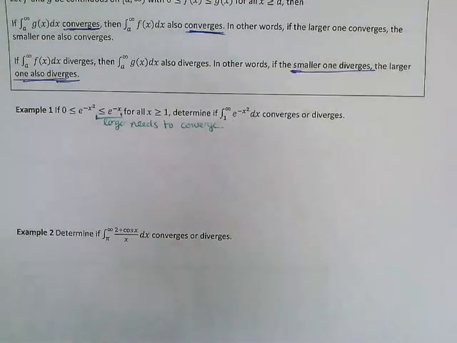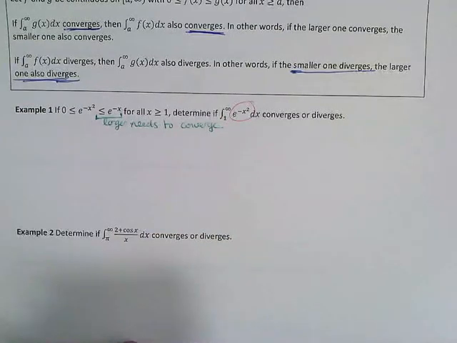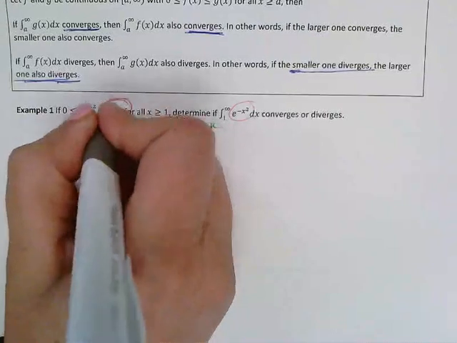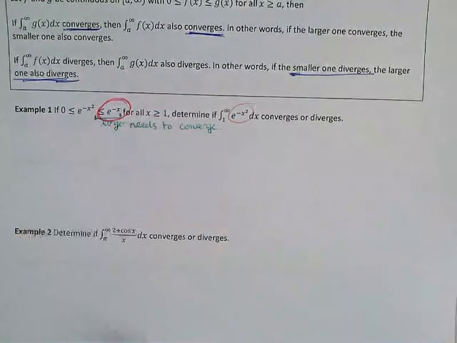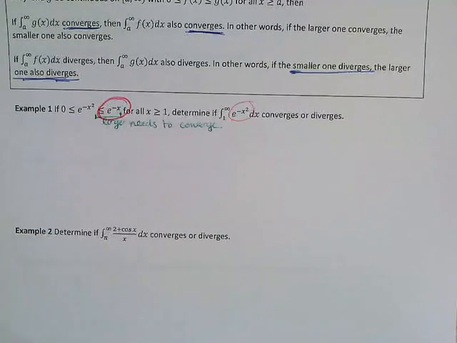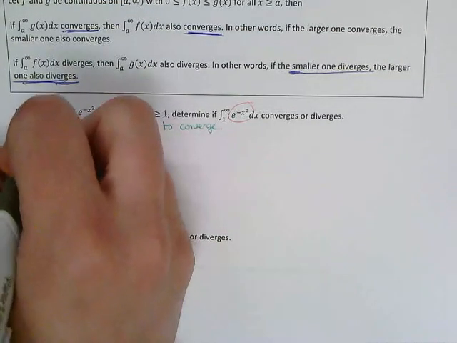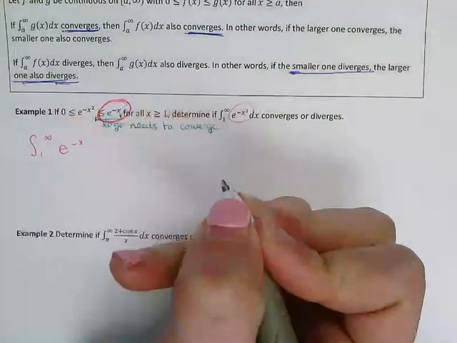Since I don't know how to integrate this, I'm basically going to focus all of my attention on this function right here. So this is what is hard: figuring out a similar function that you know how to integrate. The function that I'm going to focus on is e to the negative x.